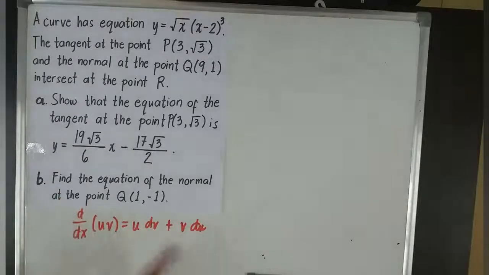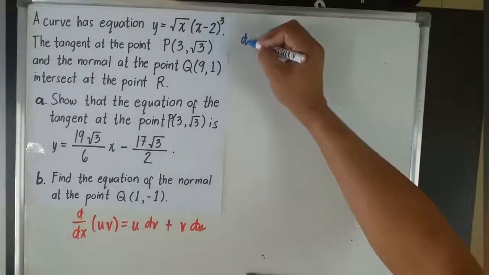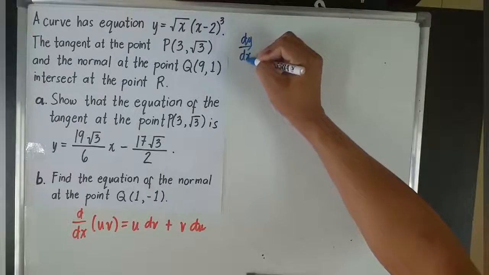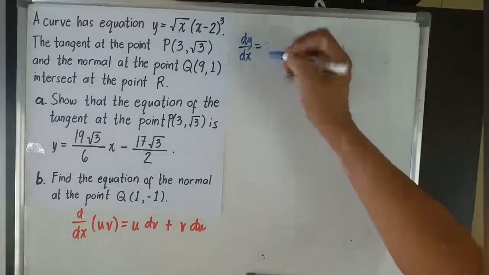Problem. It says find the equation of the normal at the point 1, negative 1. So how are you going to do that? You know a while ago that dy over dx, I'm just basically rewriting this.